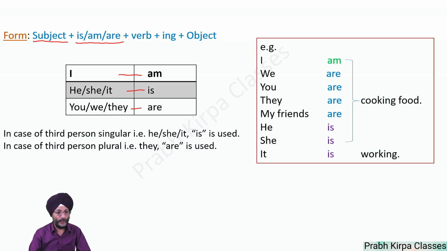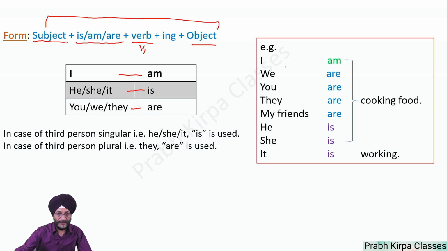And in the case of you, we, or they, we will use are. Then the verb, that is V1, the verb in its base form, plus ing, plus object. This is the formation of the present continuous tense.